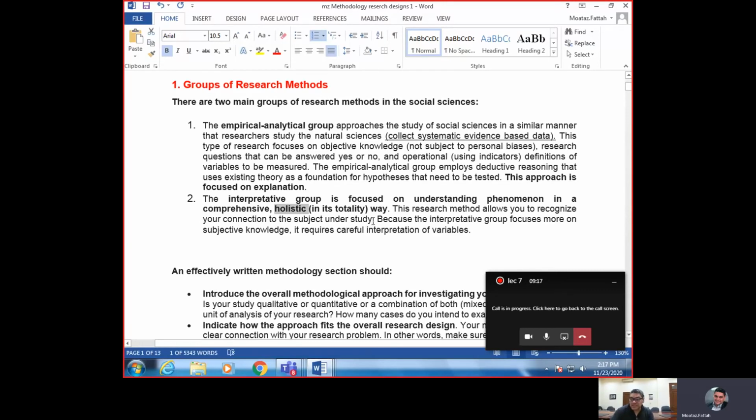That's why you are going to see some of the research designs available to us would give you, as a researcher, a space to observe and actually to explore or to describe the meaning of certain concepts or terms.